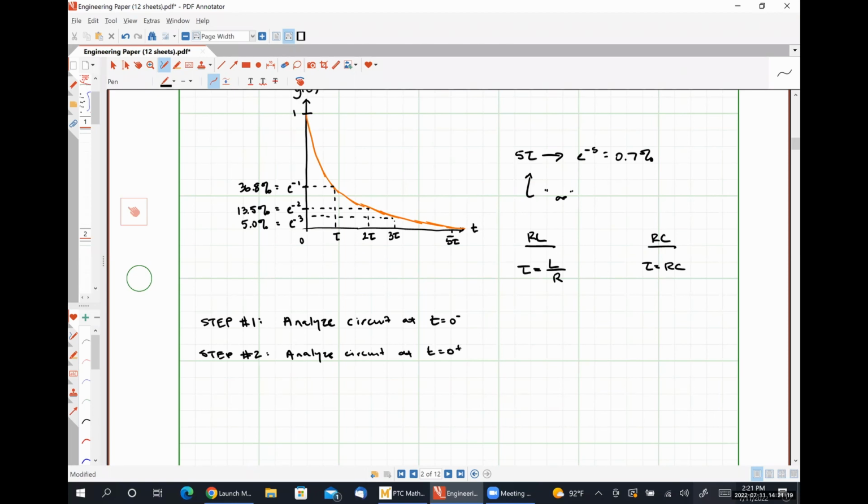And for the examples that we worked on Thursday, step number three was to determine LEQ and REQ during the transient condition.